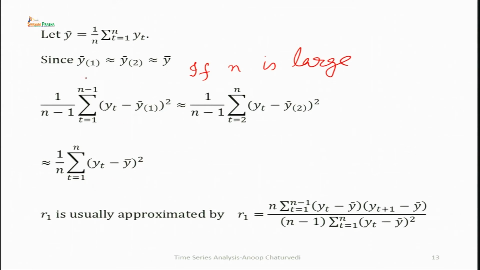This is the variance for the first n minus 1 observations, starting from t equal to 1, and this is the variance of observations starting from t equal to 2 to n. So, approximately all these variances are equal, at least for large n. So, usually we approximate R1 by this formula. Again, for large n, n upon n minus 1 is also approximately equal to 1.